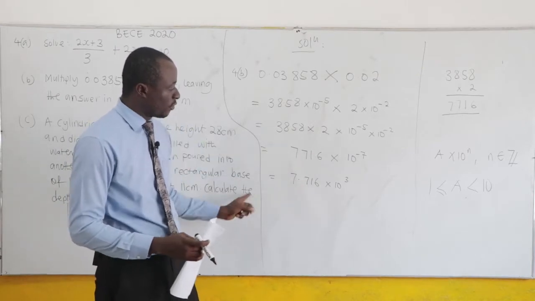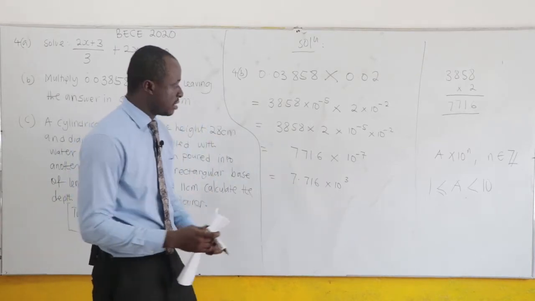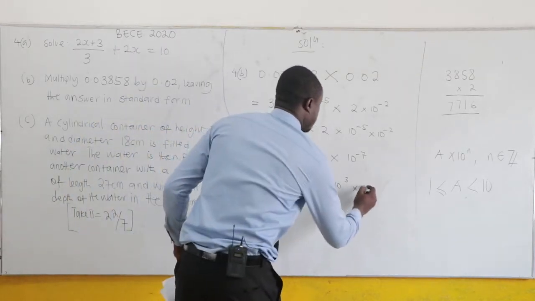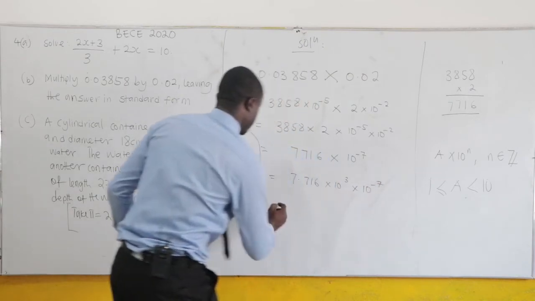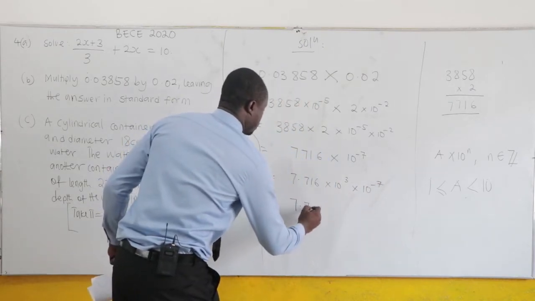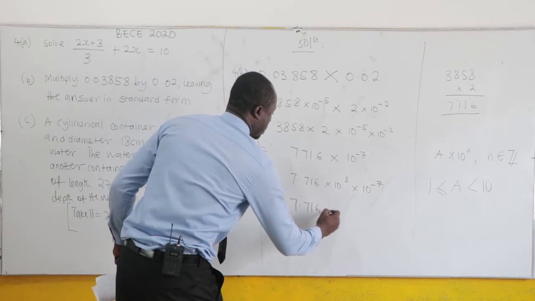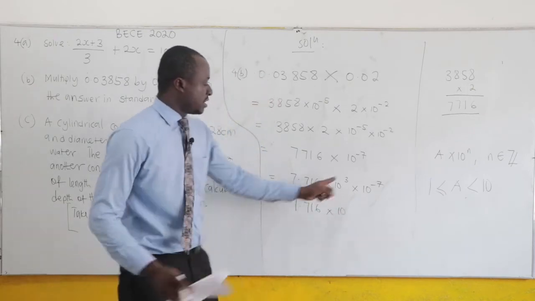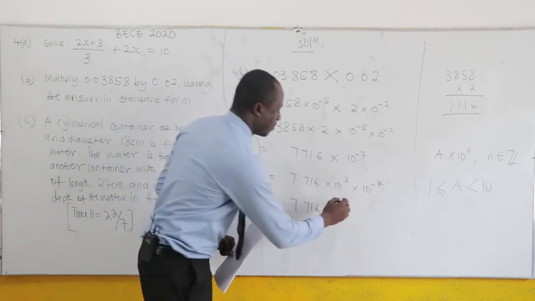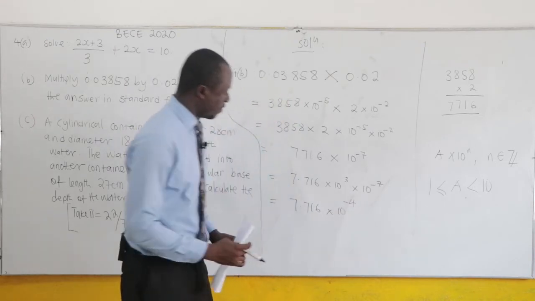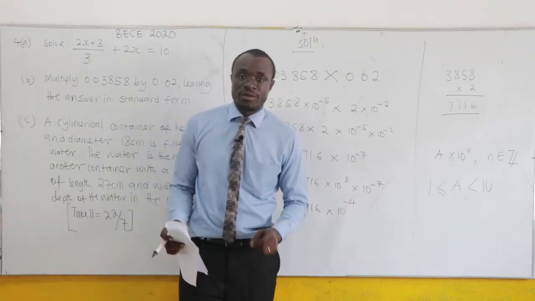So here, leftward, the power becomes positive. So times 10 to the power negative 7. So that will be 7.716 times 10. Now, what is 3 minus 7? 3 minus 7, this is just negative 4. And this is very, very trivial.